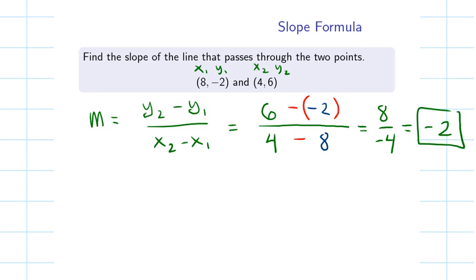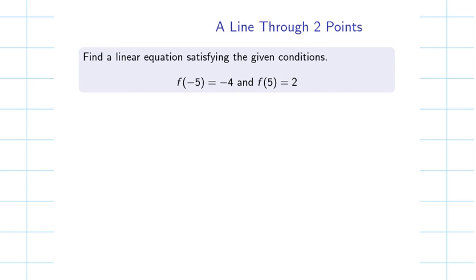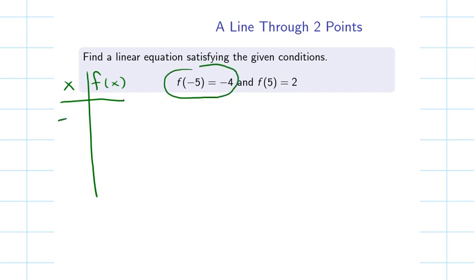Next problem. Find a linear equation satisfying the given conditions, and what we're seeing here is an in-out chart, the x-coordinates and the y-coordinates. So the first one, x is negative 5, that's the input, and the output is negative 4. The second one, the input is 5 and the output is 2.